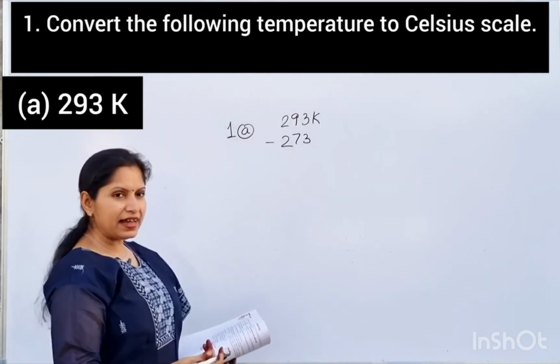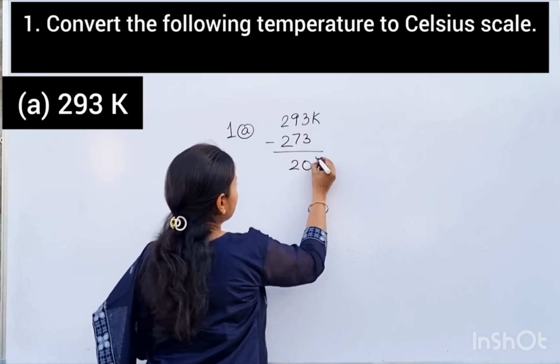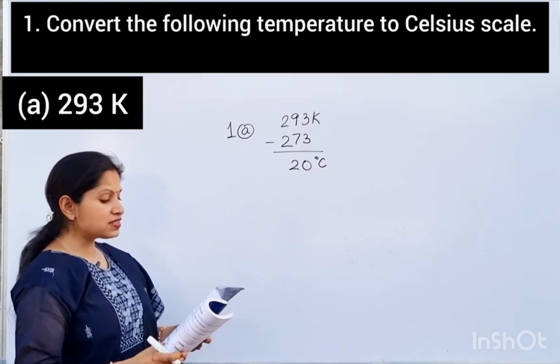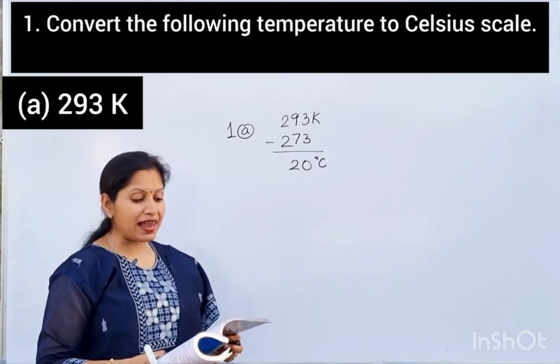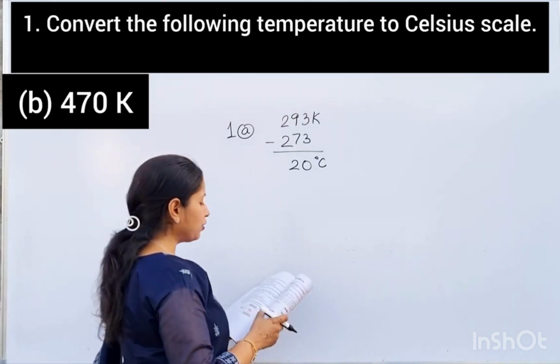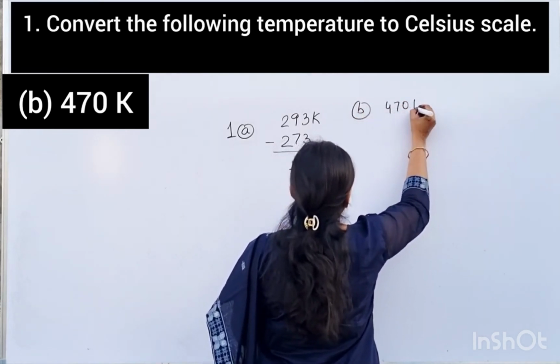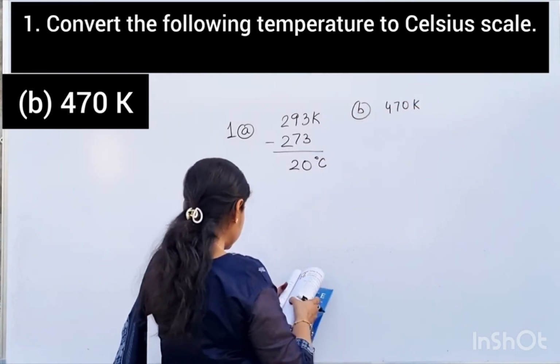So let's convert that into Celsius scale. सब्सट्रैक्ट करते हैं, it will make 20 degree Celsius. So the first answer is 293 Kelvin is equal to 20 degree Celsius. Now B part of the same question. 470 Kelvin is equal to how many degrees Celsius?